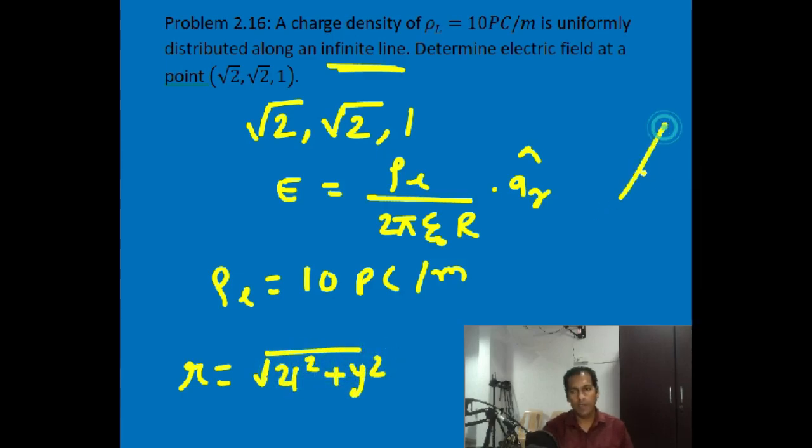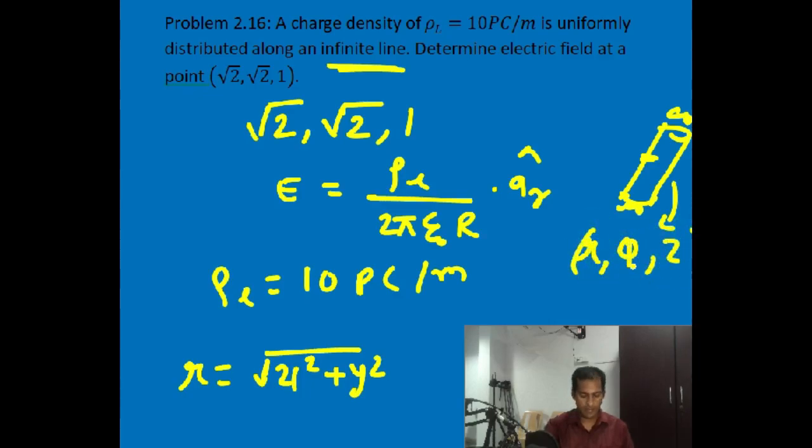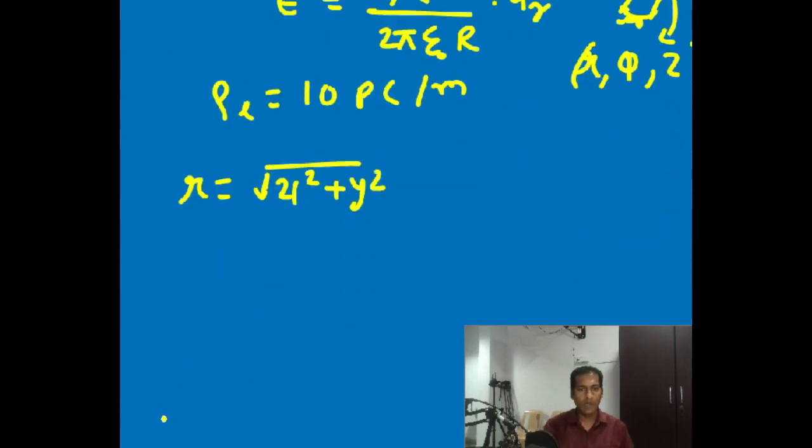As it is an infinite line charge going from minus infinity to infinity, for this line we consider the cylindrical coordinate system with components r, phi, z. So this r is root of x square plus y square, that value will be 2 plus 2 equal to 4.